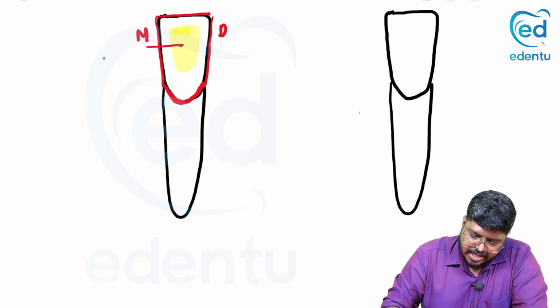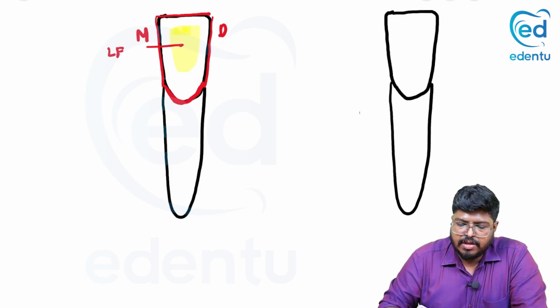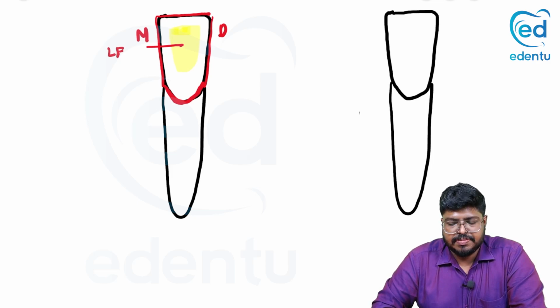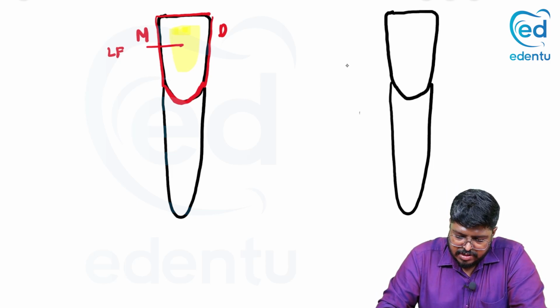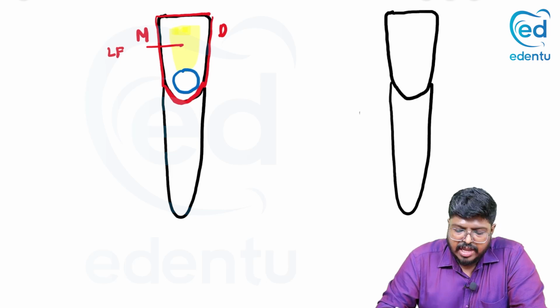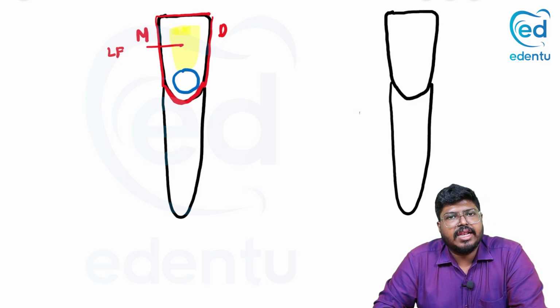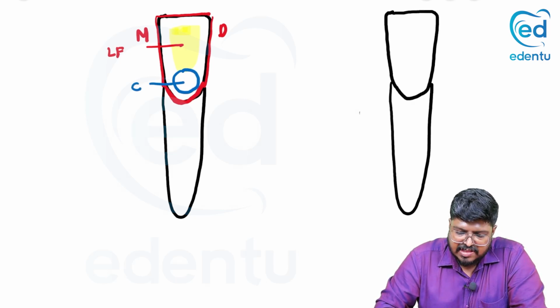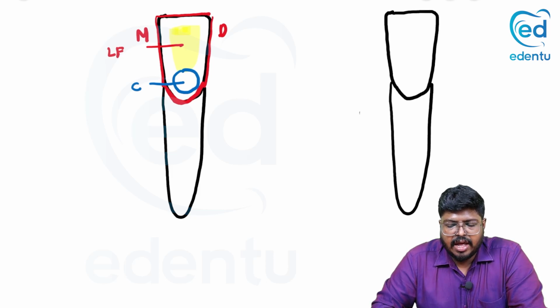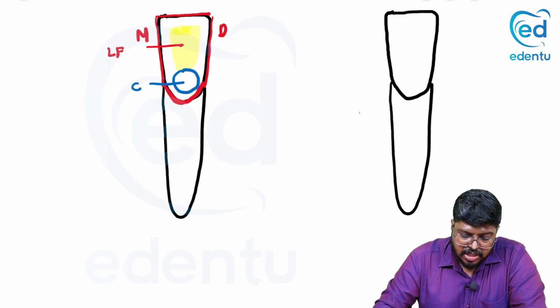This concavity is your lingual fossa. Above it, you're going to find a small amount of convexity, and this area is called the cingulum.